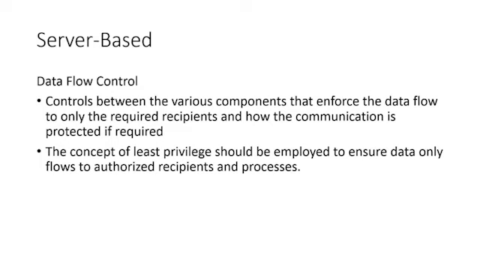So how it's going to get from where it is to where it's supposed to be, only to the required recipients. Not necessarily everybody or unauthorized individuals. So with this, the concept of least privilege should be employed. Again, only required recipients. That way we can ensure that data only flows to authorized people or authorized recipients and authorized processes.